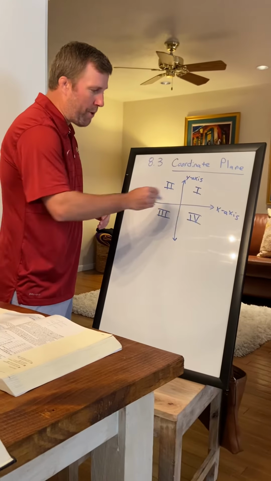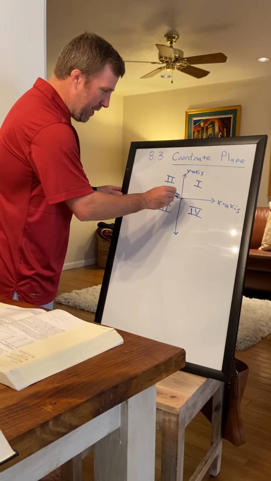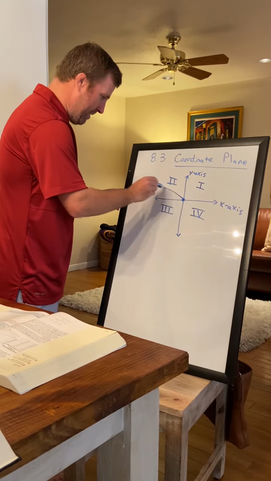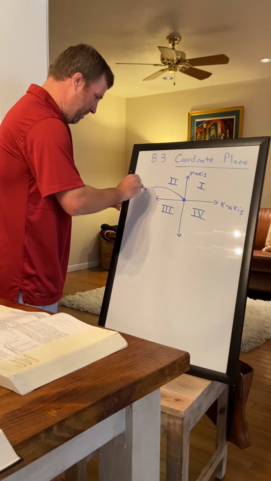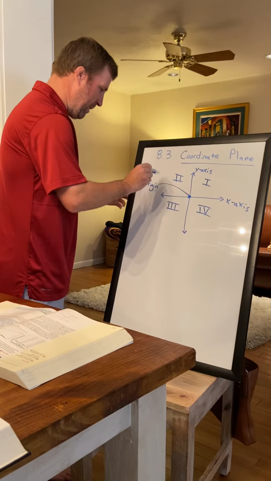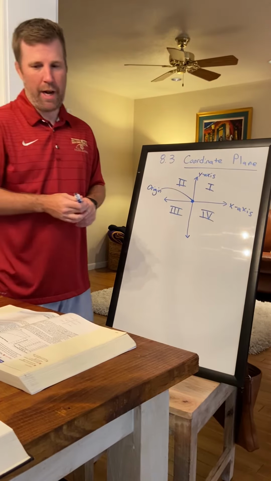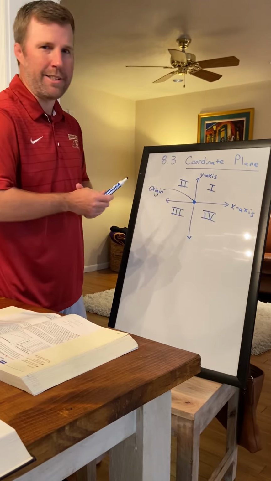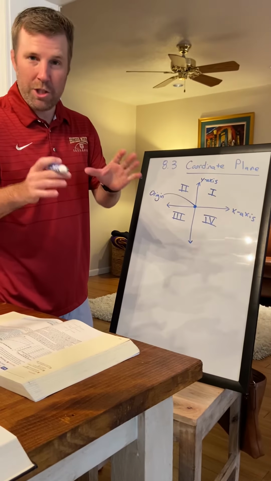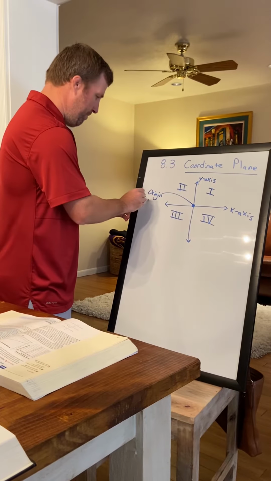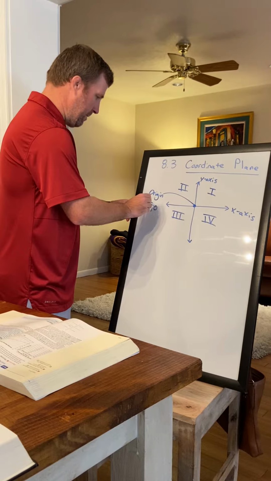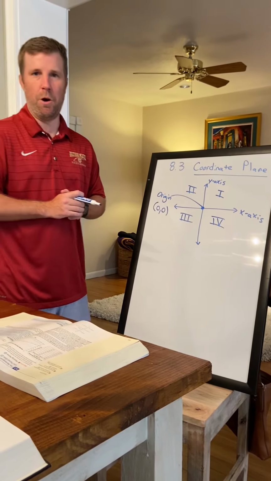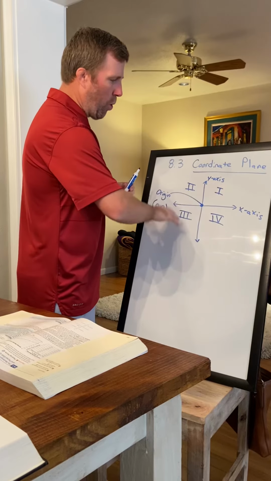Now, the point where the two axes intersect, this point right here, is called the origin. Okay, it's very important. The point where the two lines intersect is called the origin. And the origin has an ordered pair of 0, 0. Okay? So this is called the coordinate plane.